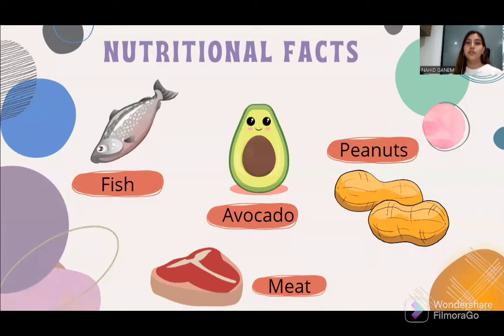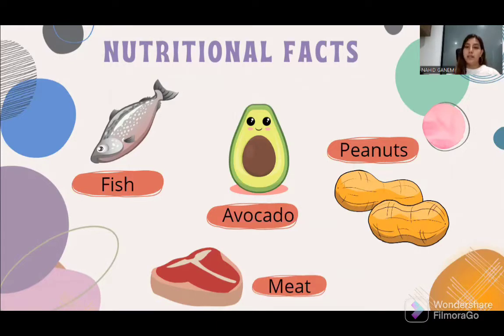Well, I continue with the nutritional facts. First, I start with the fish that has 230 calories, 434 milligrams of potassium, 0 grams of carbohydrates, 17 milligrams of calcium, 71 milligrams of cholesterol, and 25 grams of protein.